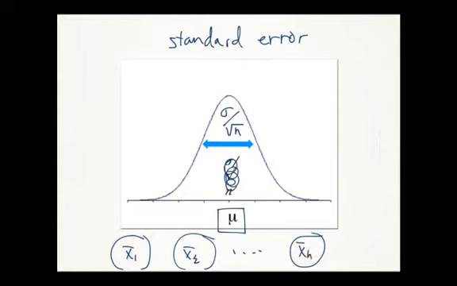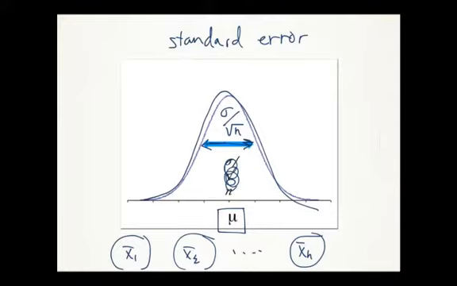If we plotted those, they would have this normal shape with the standard deviation being sigma over root n. So that's the case of repeated samples. But in real life, we only have one sample, so we need an estimate of the standard error from only one sample.